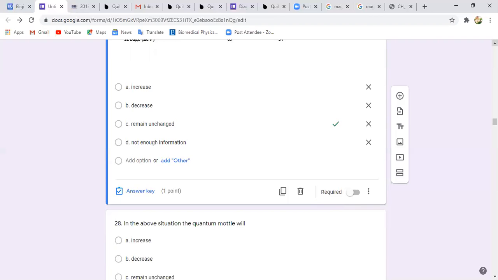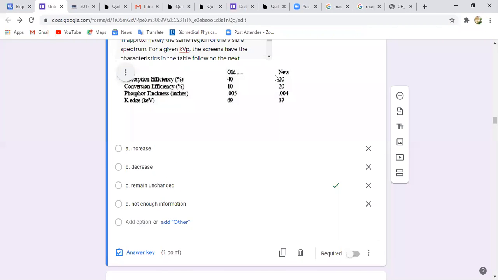Let's go back to the table. Quantum mottle has to do with the SNR or the CNR, the signal to noise ratio or the contrast to noise ratio. This phosphor is thicker than this. The phosphor of the old system is thicker than the phosphor of the new system.